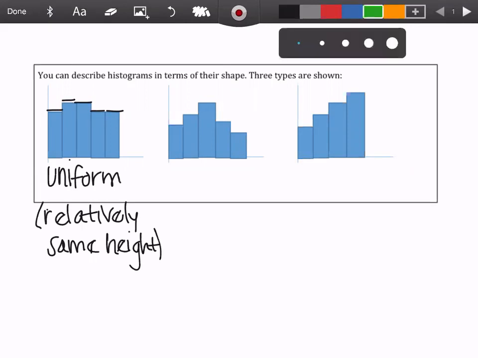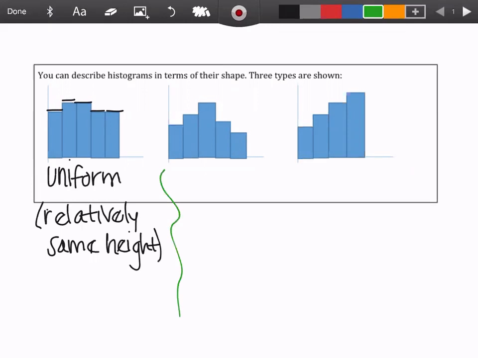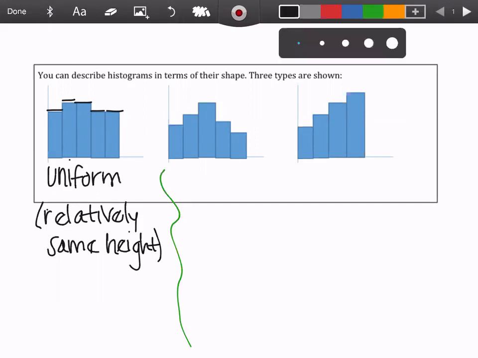The middle graph, so if we look at the middle graph, it kind of has a mountain shape to it or a bell shape to it. The other thing we notice about it is that if we were to draw a line in the middle here, right in the middle of the graph, the 2 halves look very, very similar.